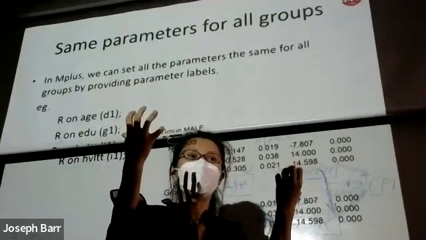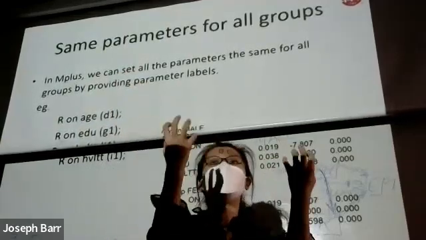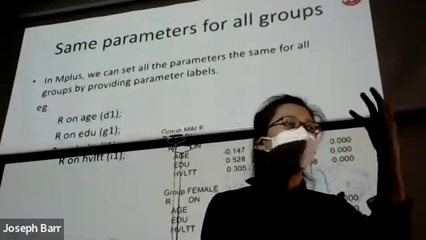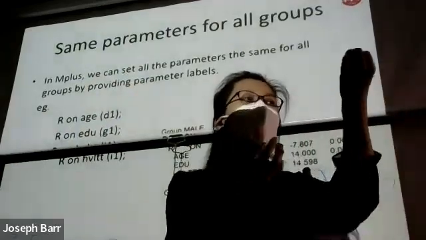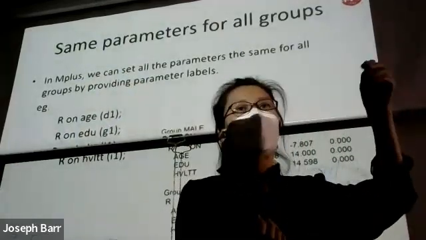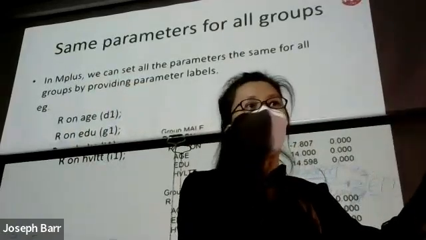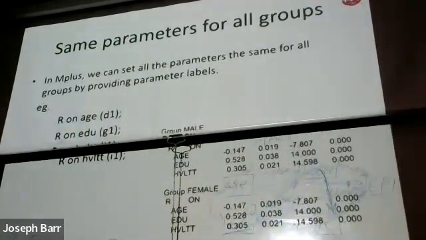Then we're gonna compare. If the difference between these two models is not significant, they are quite similar, then we can just use a simplified model by assuming male and female are the same. We can use that simpler model if these two models are not significantly different.